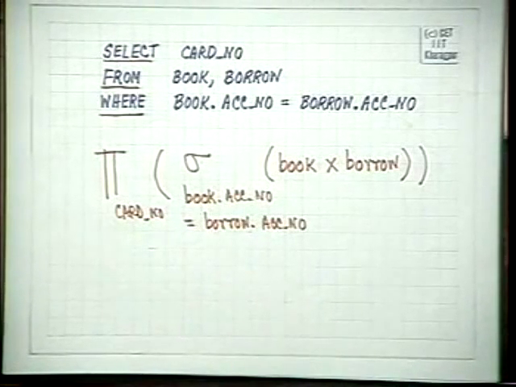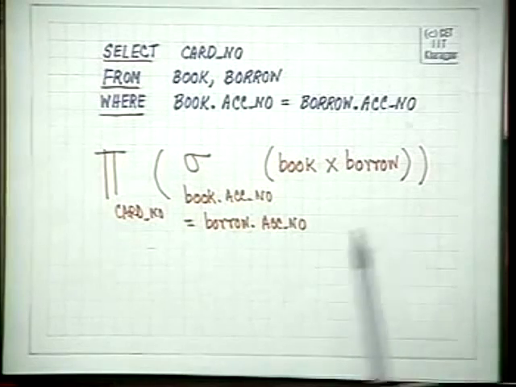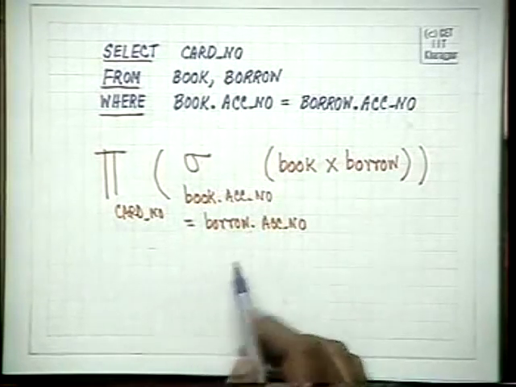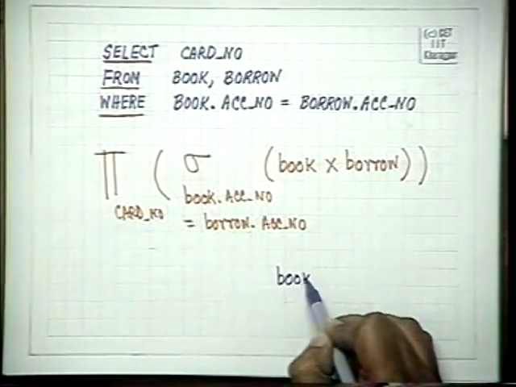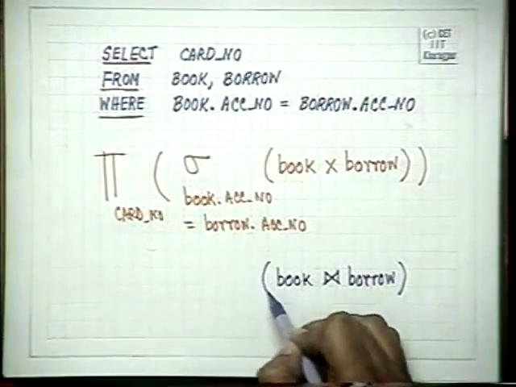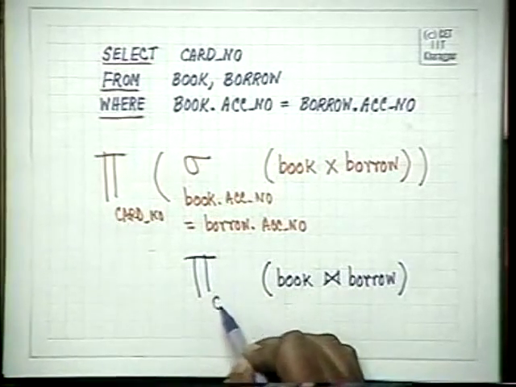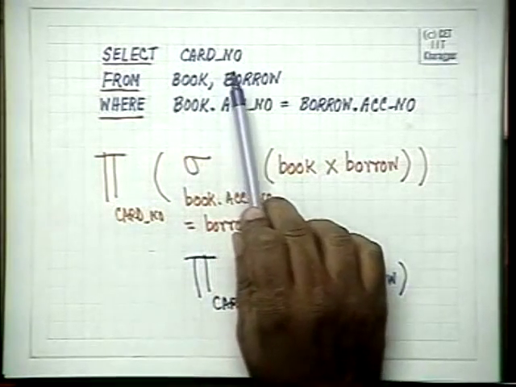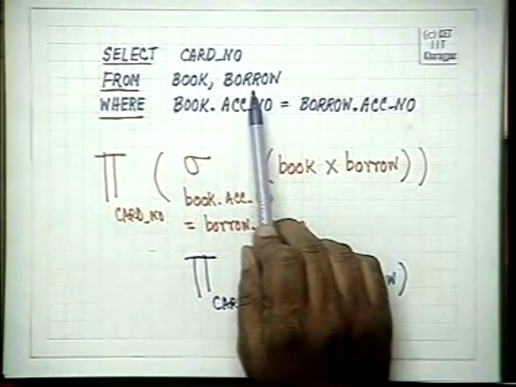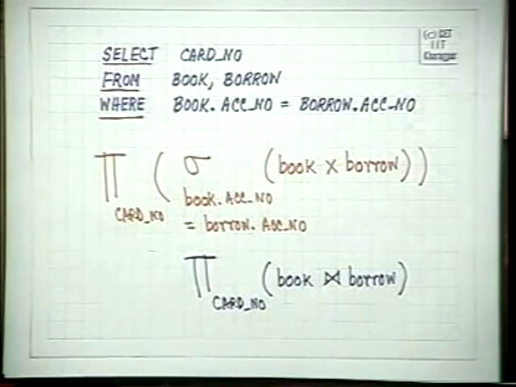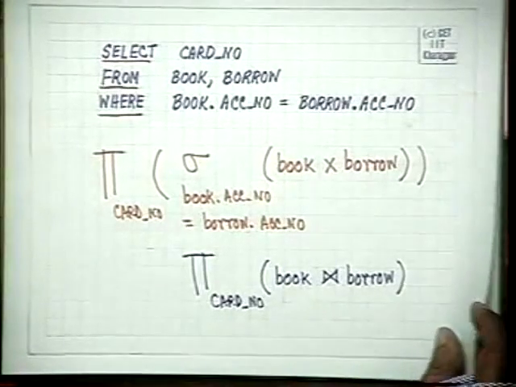Since accession number is the only common attribute between book and borrow, this is equivalent to a natural join. So select out card number from book, borrow such that book dot accession number equal to borrow dot accession number. Now we are in a position to write some queries.